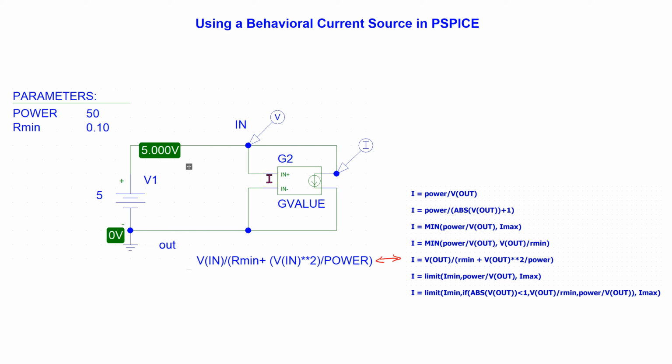This is showing the Gvalue behavioral current source set up to act like a constant power load having value 50 watts. The global parameters can be defined. Any of the valid B source modeled expressions can be used here. In this case, we are implementing this expression here.